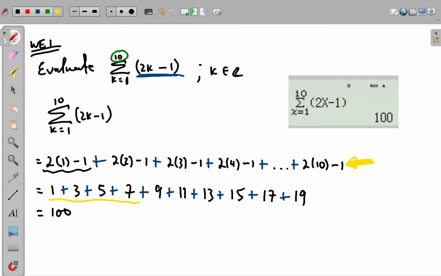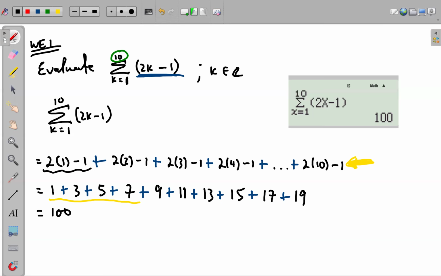By then, you should see that you are dealing with an arithmetic series, and in our previous lesson, we found a formula for calculating the sum of an arithmetic series up to n terms.